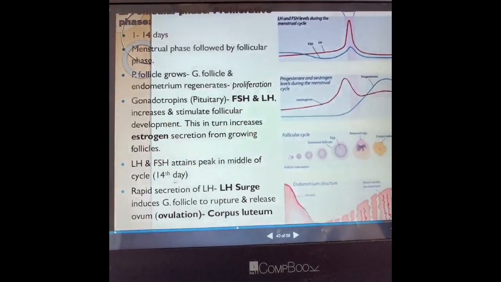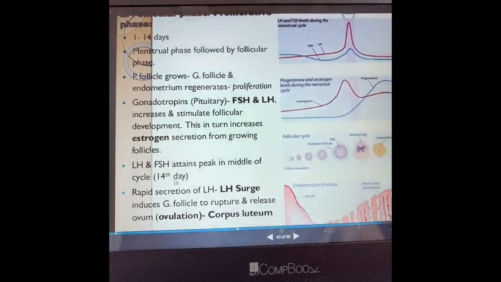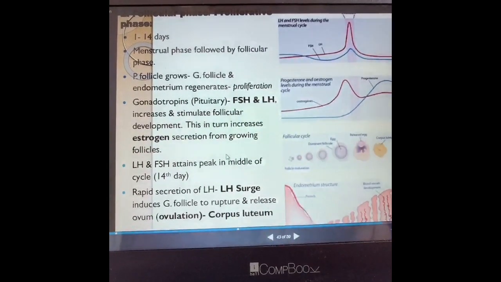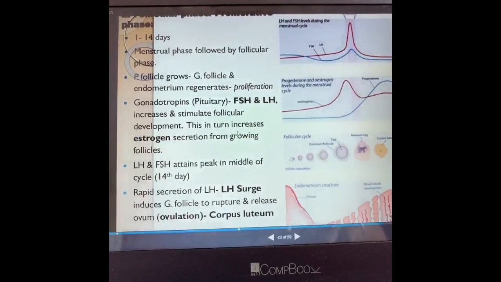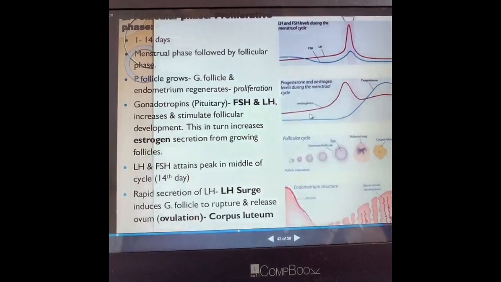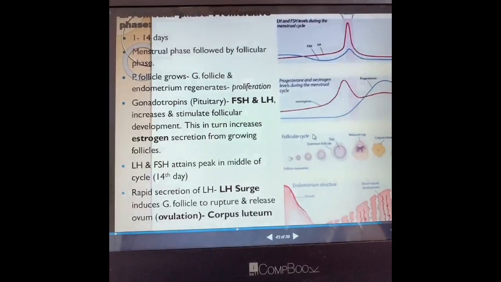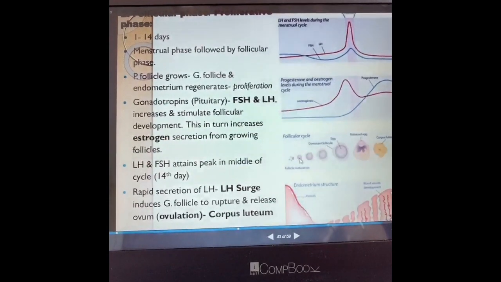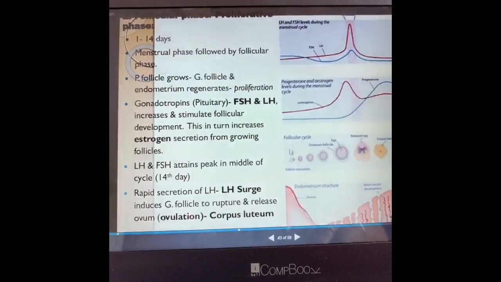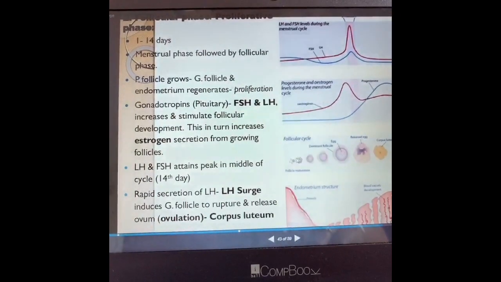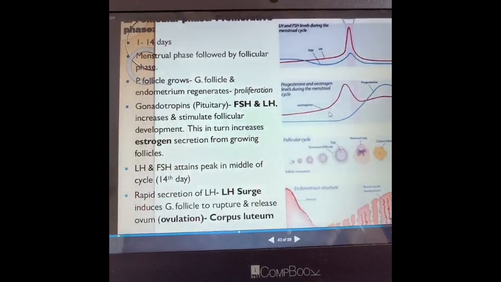The LH and FSH, as I told you, are being secreted by the pituitary. They also increase the estrogen secretion from the follicles. So these follicles secrete the hormone estrogen. This is growing, maturing from day 1 to day 14, along with secreting estrogen.